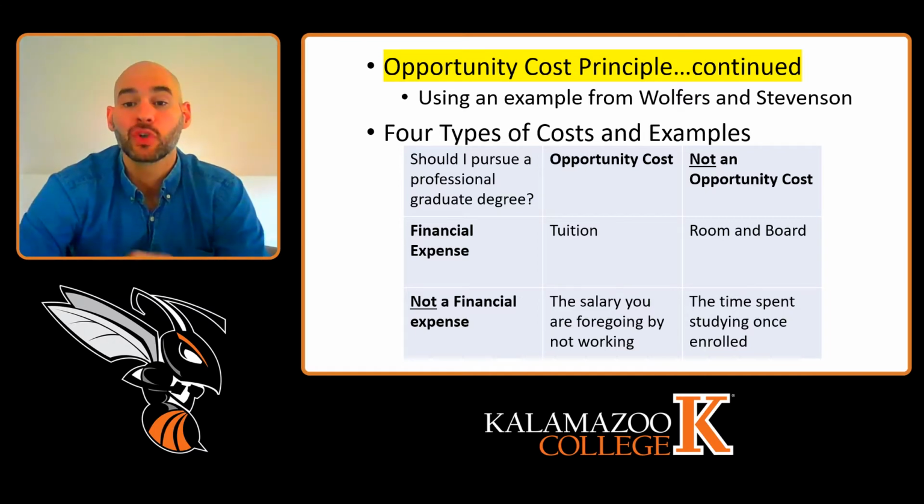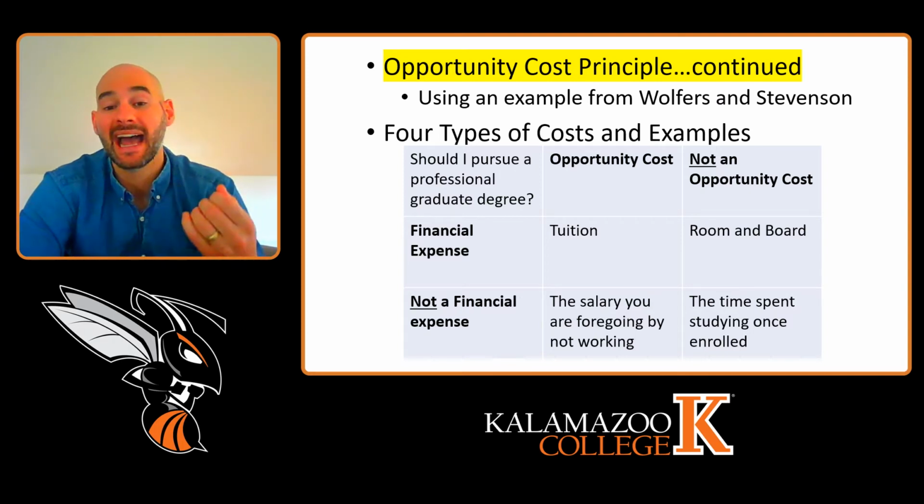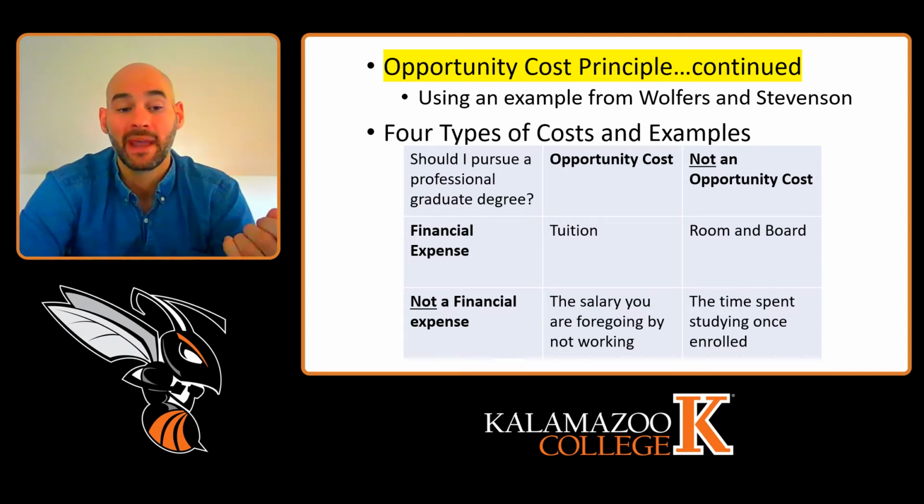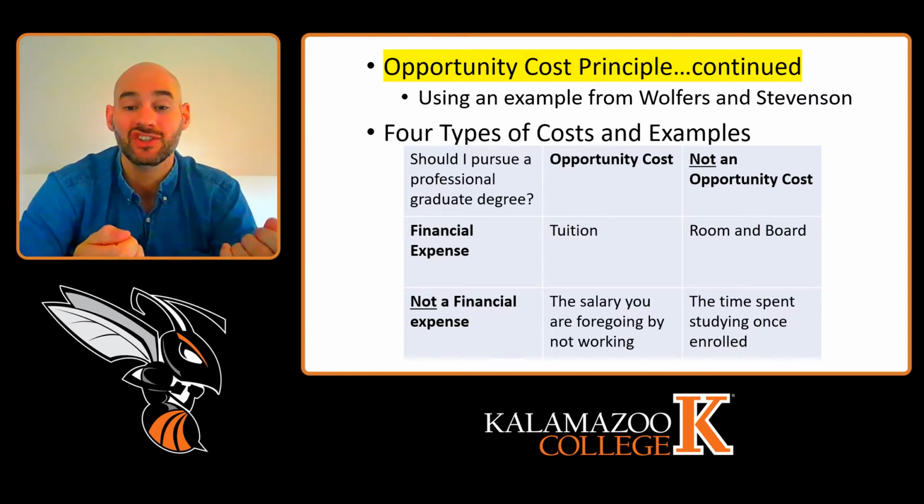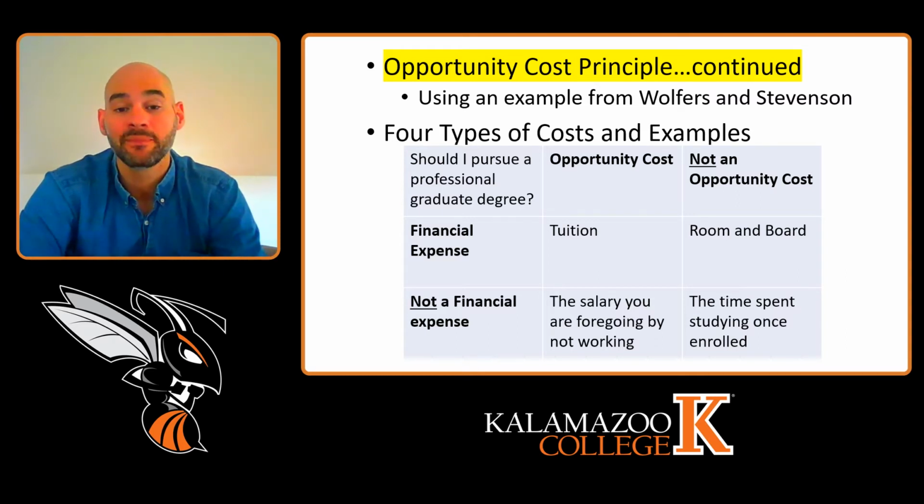But when we think about the true cost of getting the graduate degree, we need to add what you are paying in tuition to the salary which you are foregoing. And so if it's $40,000 in tuition and $50,000 in lost salary, the real cost of that graduate degree is $90,000, which is a lot more than we would previously have thought.